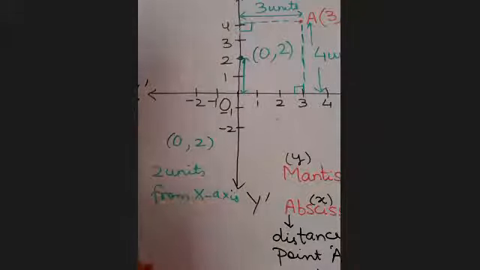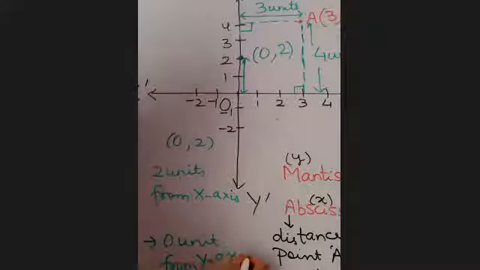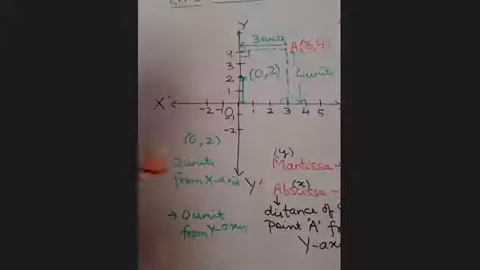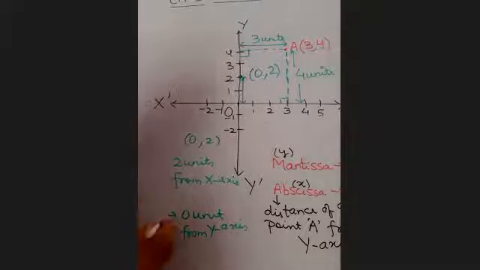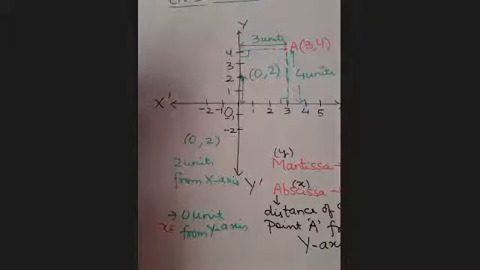And how far is this point from y-axis? 0. 0 units from y-axis. Now 0 units from y-axis means this is small x. And 2 units from x-axis, y.